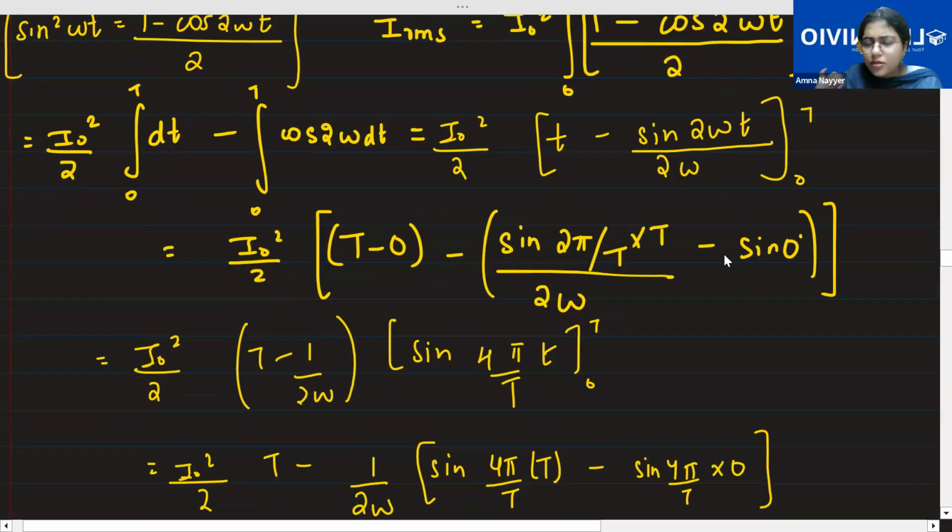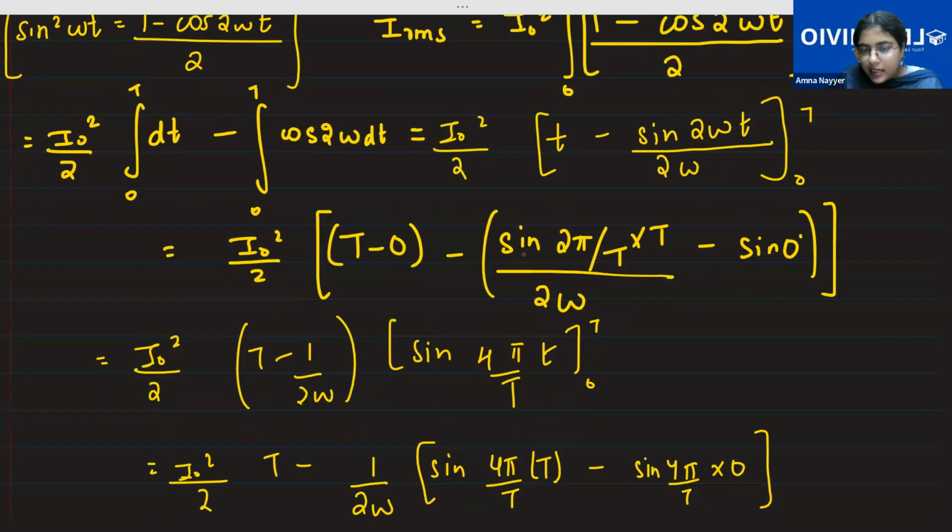Okay. See, from here, t minus 2 omega is written together. What is left from this? This is already 0. Sine 2 pi divided by t into t. See, t and t will be cancelled. T minus 2 omega has been taken out, written together, because when you open up the bracket, this is not multiplication, they are basically getting subtracted.